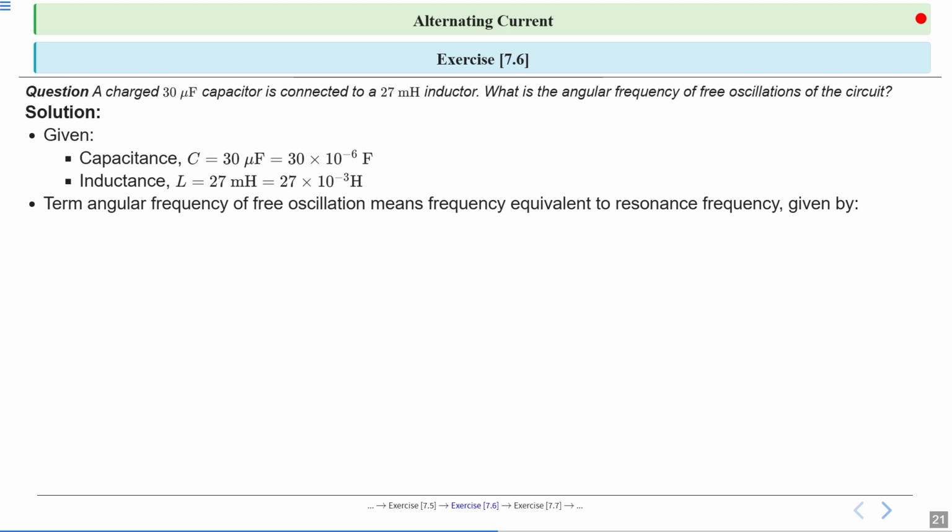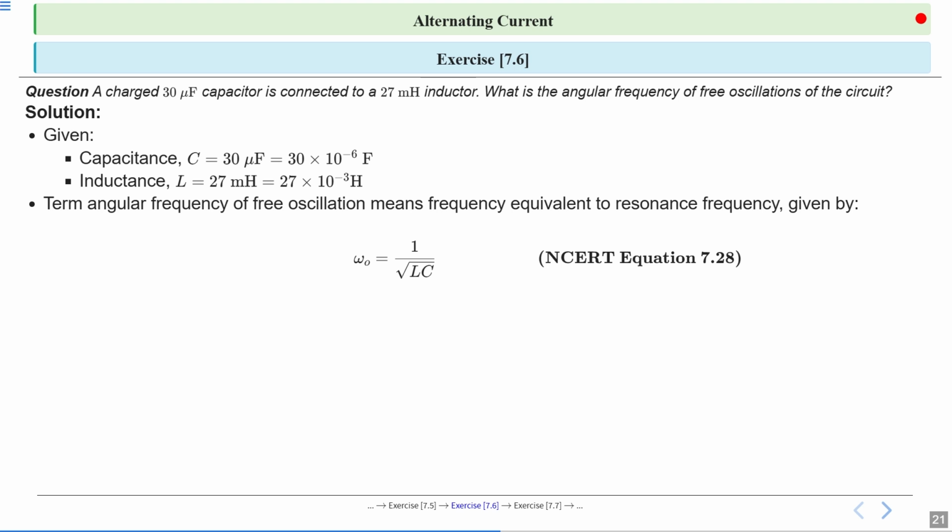That is, you have to calculate the omega naught, which is given by omega naught equal to 1 by root LC, NCERT equation 7.28. So what is the condition for resonance? We have to remind it. At resonance, Z is minimum because XL becomes equal to XC. And if Z is minimum, that means current is maximum in the circuit.